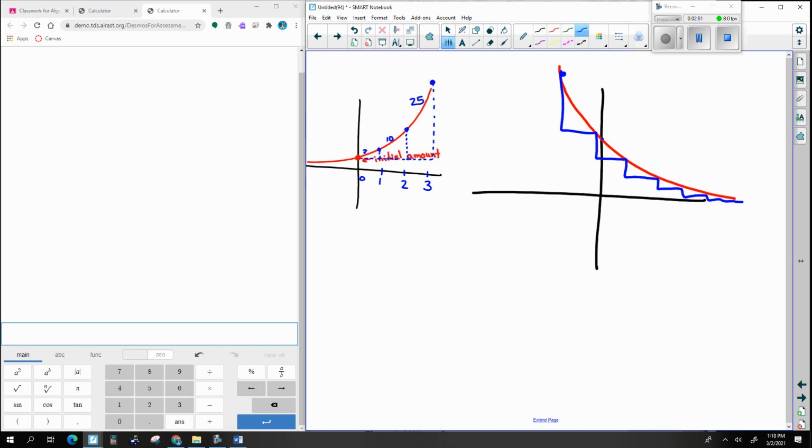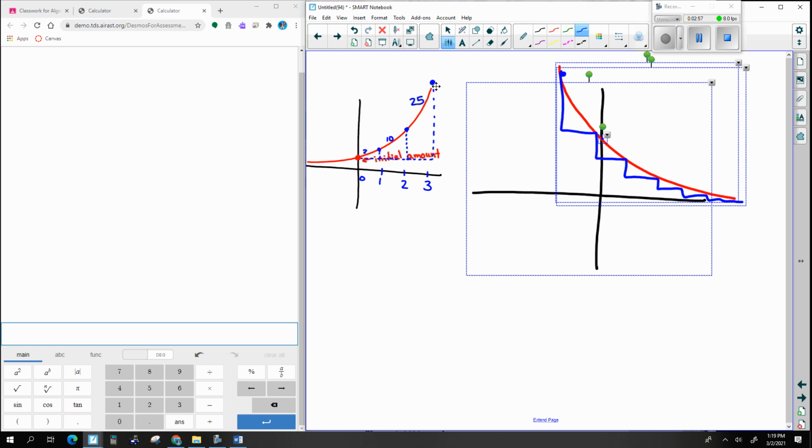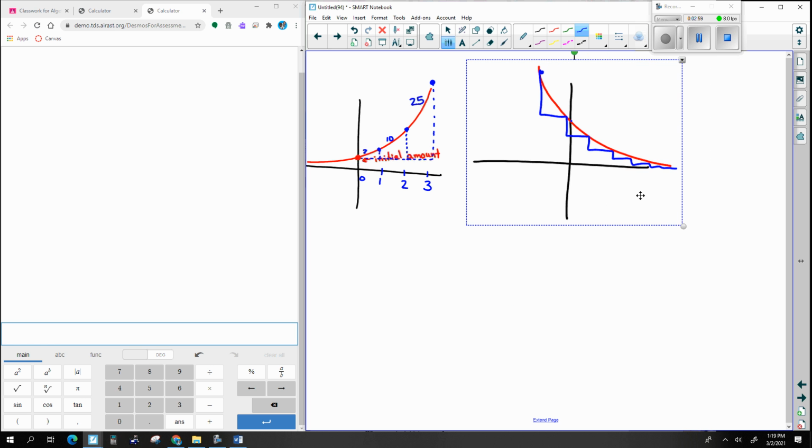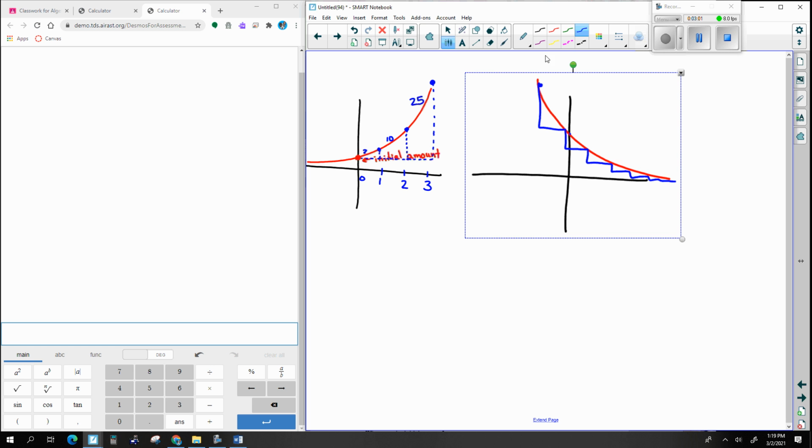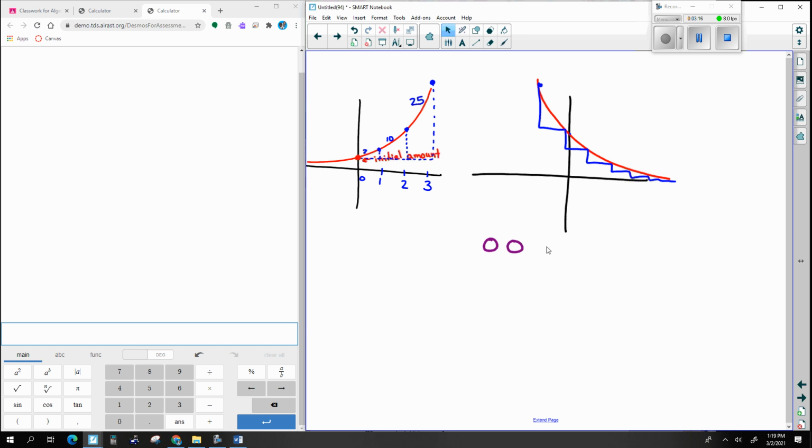Oftentimes, things that are described by exponential growth and decay are populations of things. The idea is, you start off with 2 bunnies, 2 rabbits. Then those 2 rabbits are going to multiply.